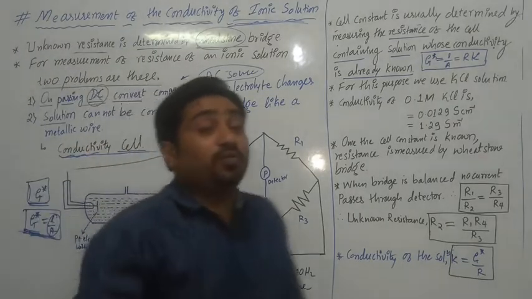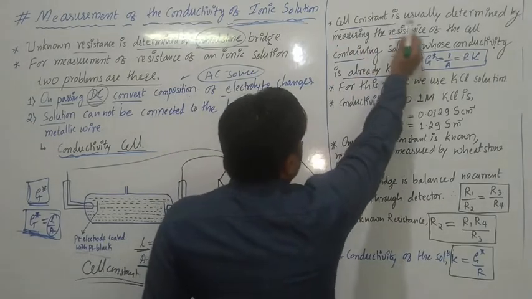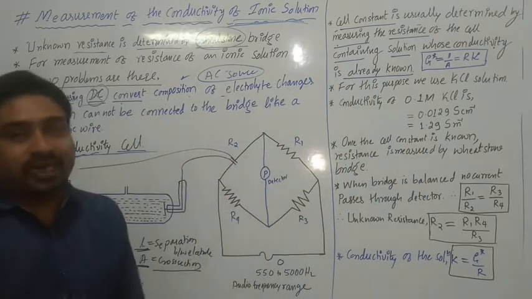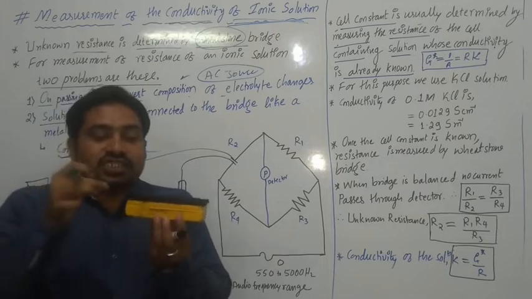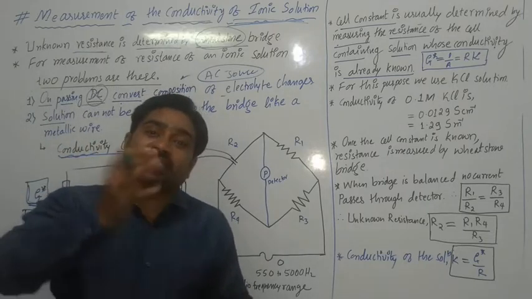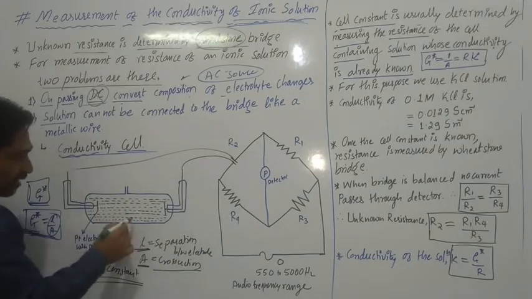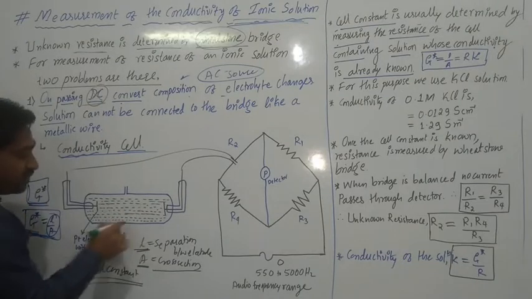To avoid this problem, we determine the resistance of the cell. The cell should be filled with a solution whose conductivity is already known. In this cell I have taken a solution, and I must know its conductivity.